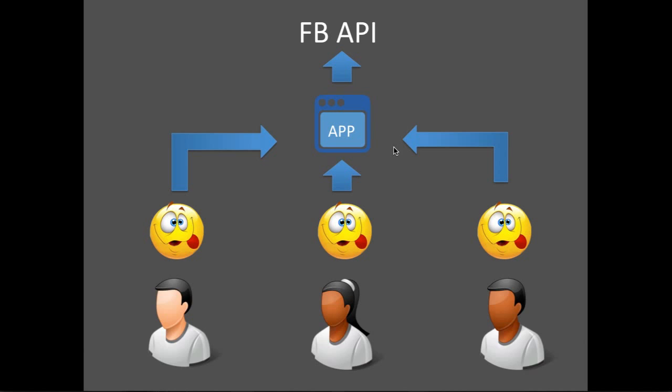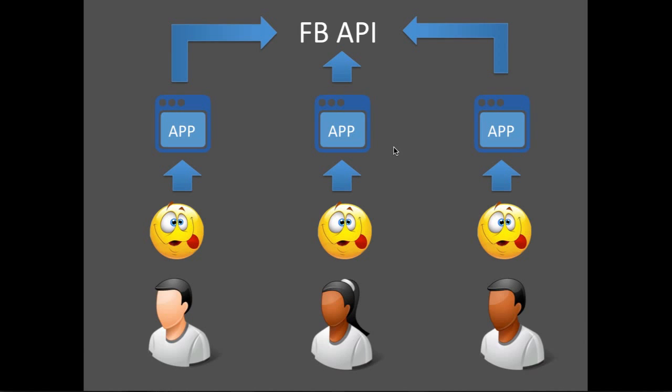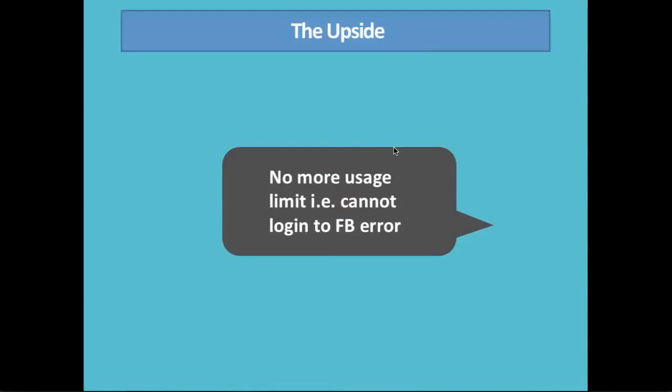So this is one reason why we've gone to this second model. It just makes things really clean. You're not sharing one central app. You've got your own app. No more usage limit. Use it to your heart's content.